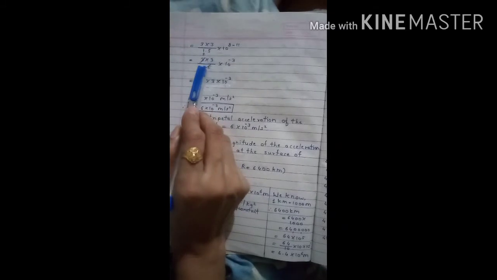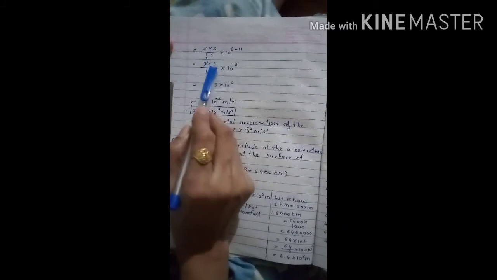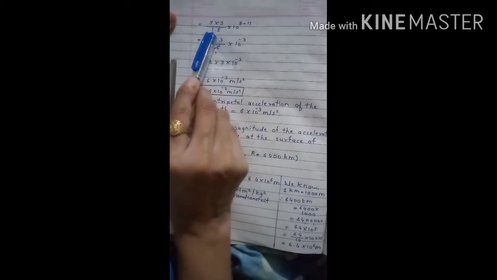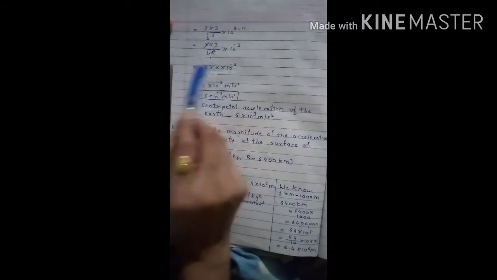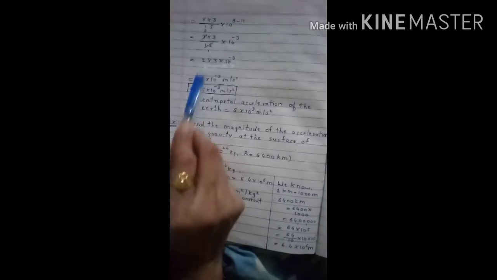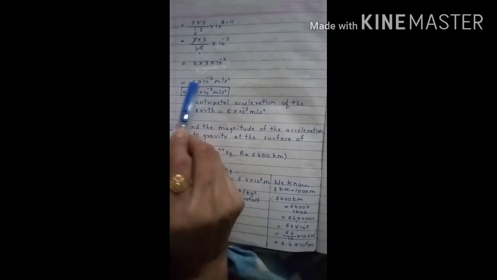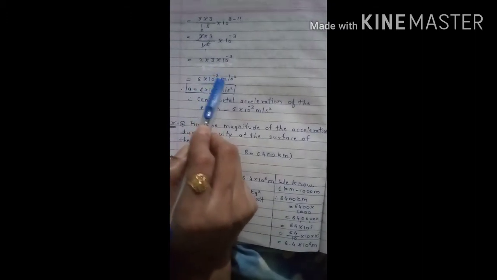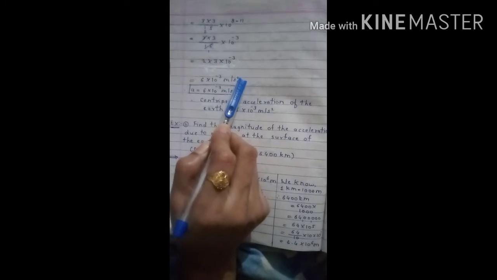So here 1.5 will divide 3, that is 1.5 twos are 3. So here the answer came 2. So what is remaining, children? Now 2 into 3 into 10 raised to minus 3. 2 threes are 6, that is equal to 6 into 10 raised to minus 3 meter per second square.